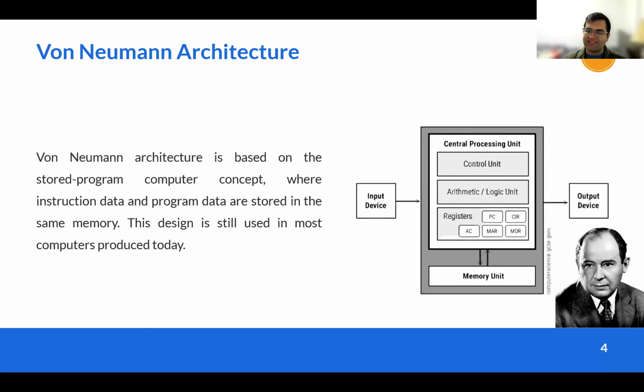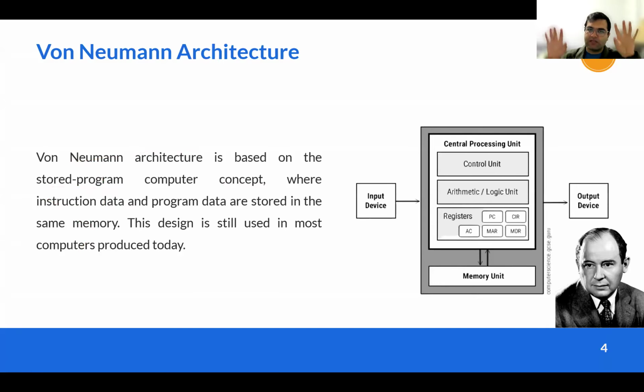What does that mean? Stored program computer concept is when the program instructions and program data are stored in the same memory. And before the von Neumann architecture, you had the Harvard architecture. In the Harvard architecture, you had two memories.